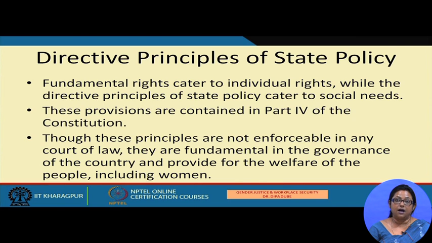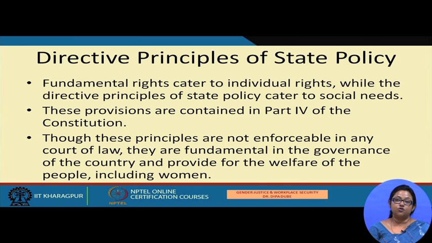These directive principles are contained in Part 4 of the Constitution. However, they are not enforceable in the courts of law. In a sense, as we said, under Article 32, the fundamental rights are enforceable in the courts of law. As against that, directive principles do not have any enforceability.